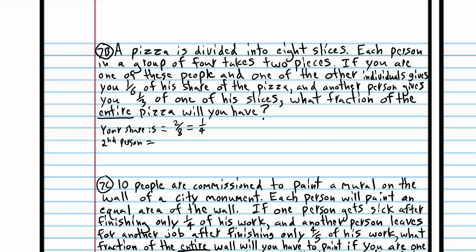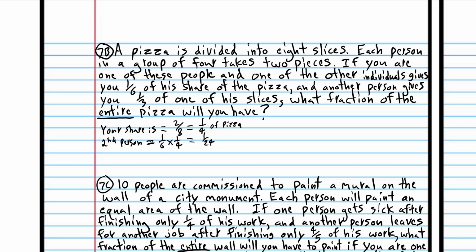So each person gets 2/8, but 2/8 reduces to 1/4. So each person gets 1/4. So this person gives you 1/6 of 1/4, which is 1/24 of the total pizza.